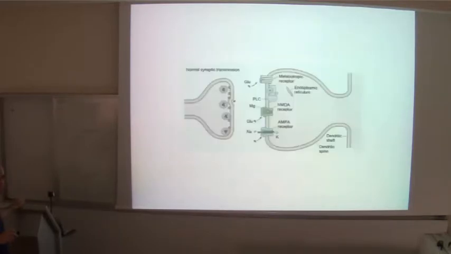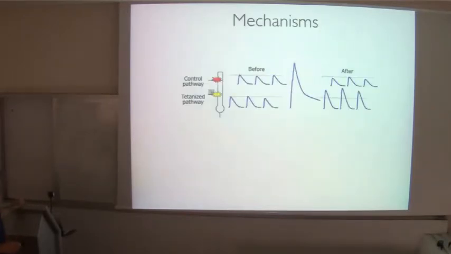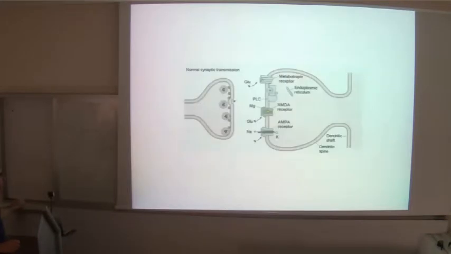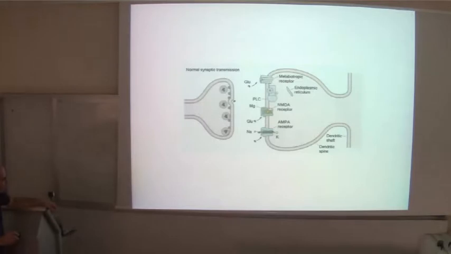Okay, so you have a synapse, and an action potential comes here, and glutamate is released from the presynaptic terminal. Glutamate binds the AMPA receptor, and also binds NMDA receptors. If the membrane potential is minus 70, then the magnesium is blocking the channel.